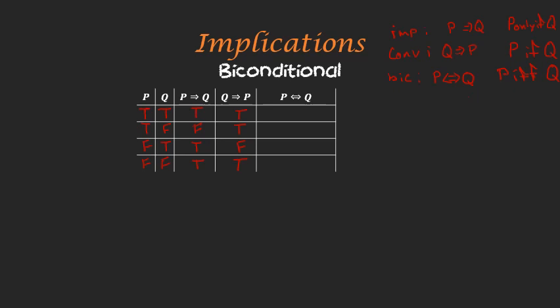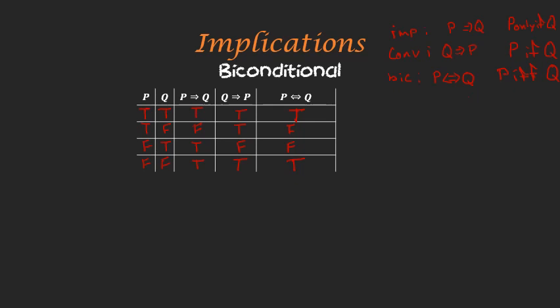So P if and only if Q, this is a conjunction of P implies Q and Q implies P. So I'll look at the P implies Q column and the Q implies P column and do an and statement on those. So I get true for that. Here P implies Q is false, so that makes the conjunction false. Here Q implies P is false, so the conjunction is false. And then down here they're both true, and so the conjunction is true, and so the biconditional is true.